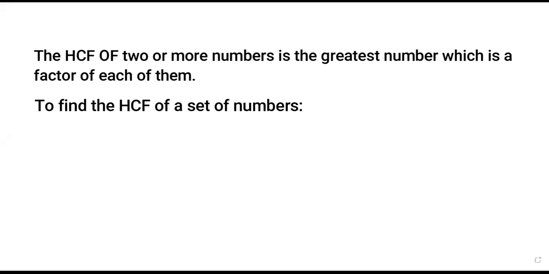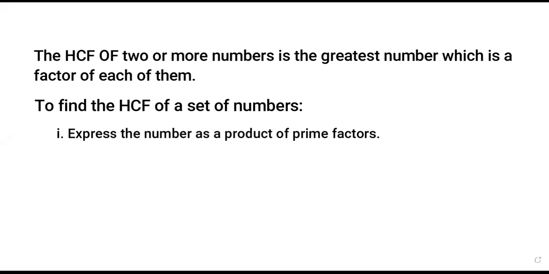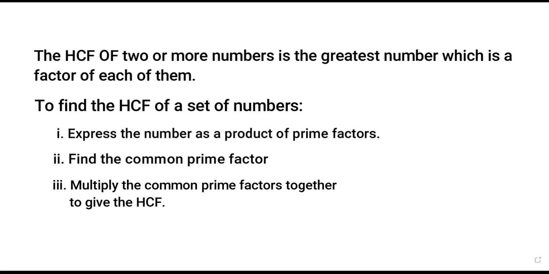Number one, express the numbers as a product of prime factors. Then find the common prime factors and multiply the common prime factors together to give the HCF. The HCF is the simple acronym of the highest common factor.